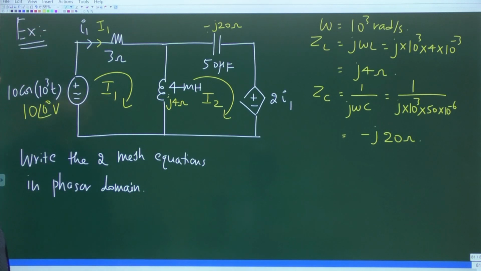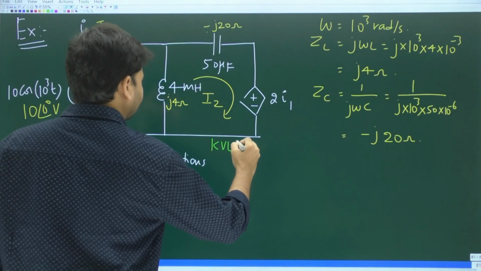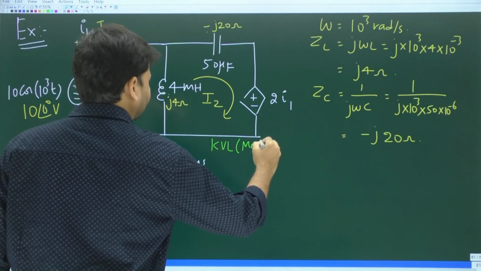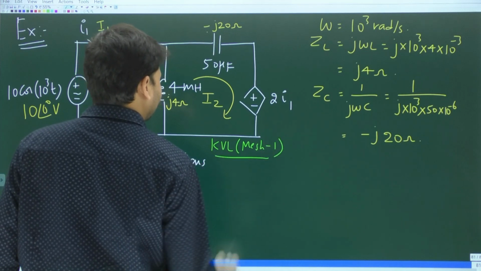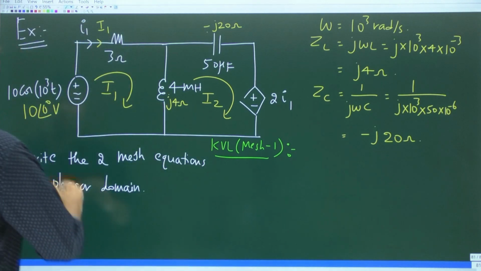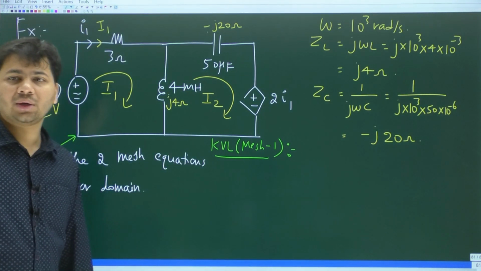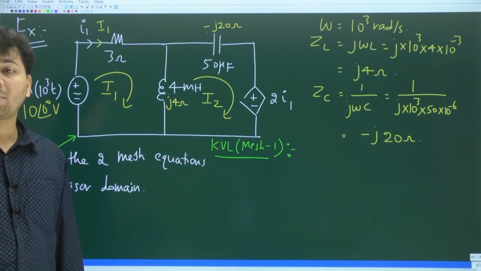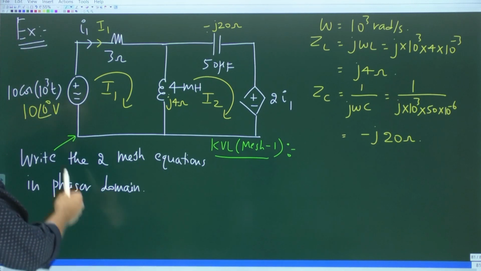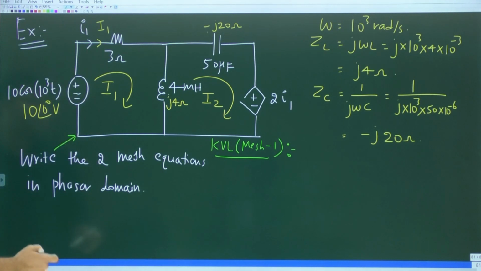Okay. So let us write KVL around mesh 1. How do you write KVL around any mesh? You start at some point, you go around the loop and come back to the same point. So if you start from here, as you go like this, are you not encountering minus first?